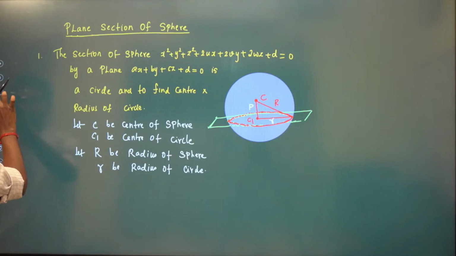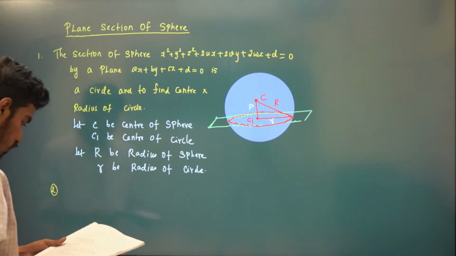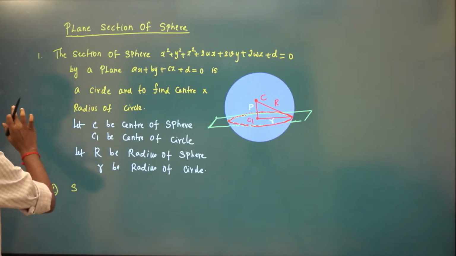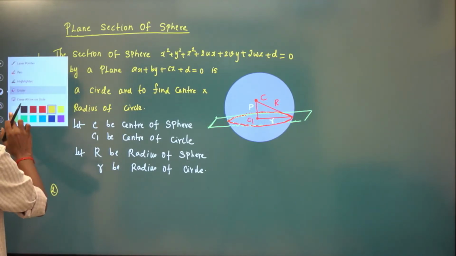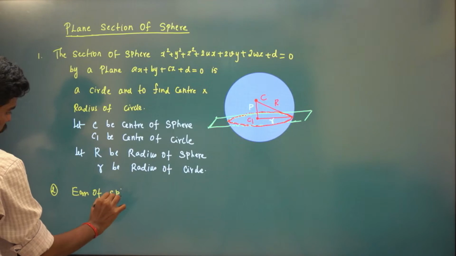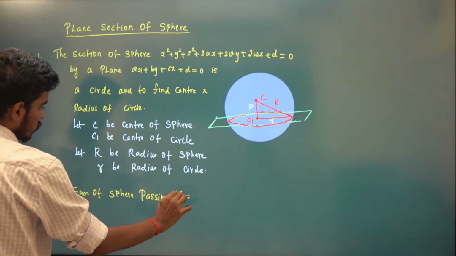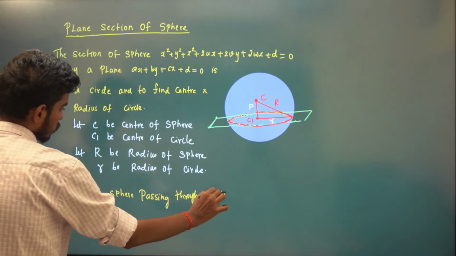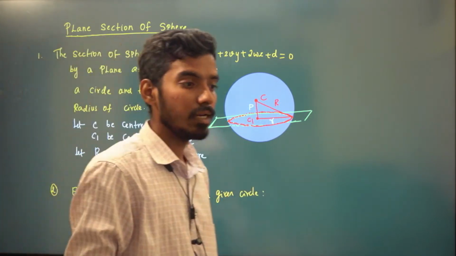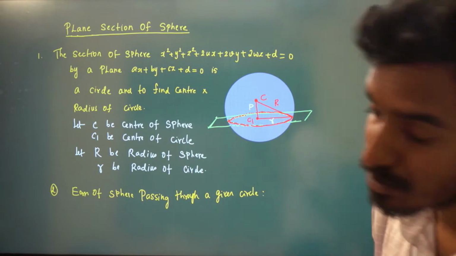Now the second note: equation of a sphere passing through a given circle. They will give the circle not in 2D, but as a sphere and a plane.